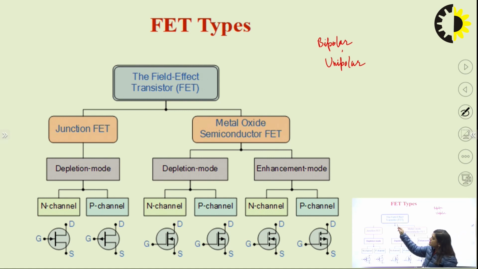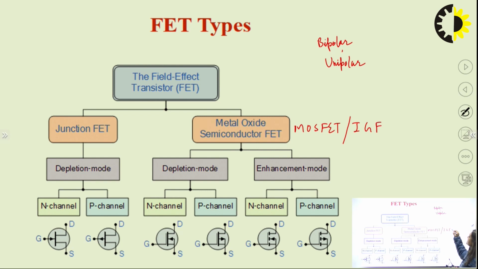So FET is of two types, junction FET and metal oxide semiconductor FET. This is also called the MOSFET, and it is also called the IGFET, insulated gate field effect transistor. JFET works in the depletion mode, and it may be N channel or P channel.